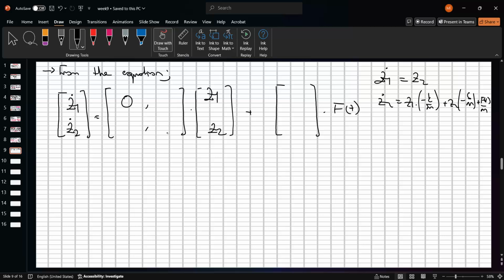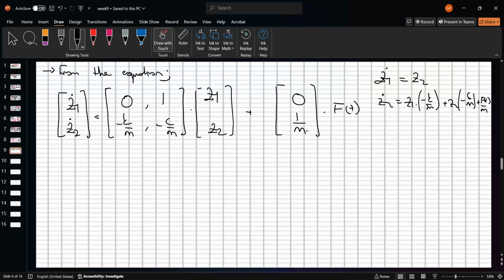Z1 dot possesses the Z2: 1. Z2 dot possesses the Z1. Which one? Yes. Z2 dot possesses the Z2. Yes. So Z1 dot possesses the Ft. Yes. Z2 dot possesses the Ft.